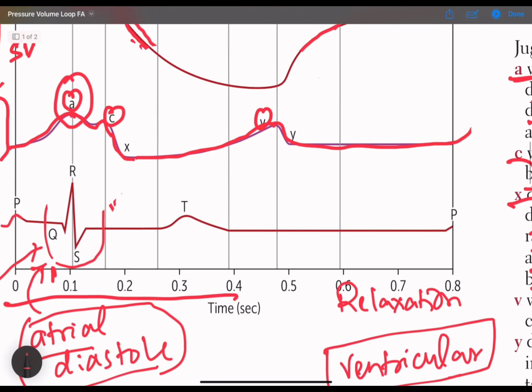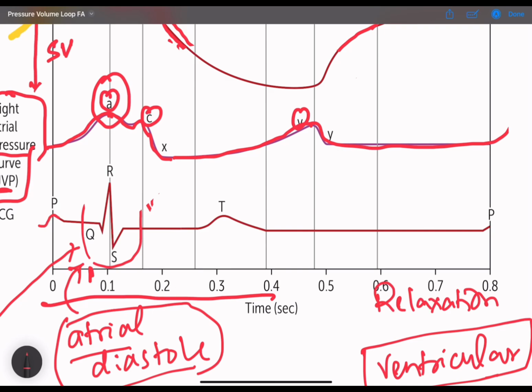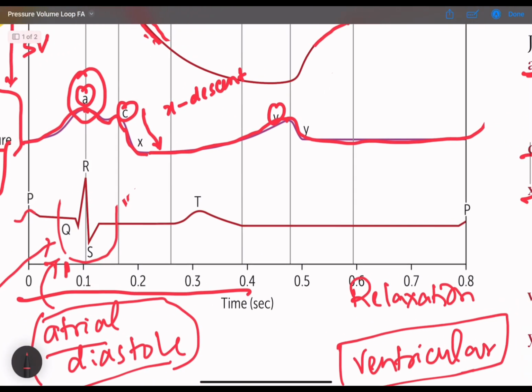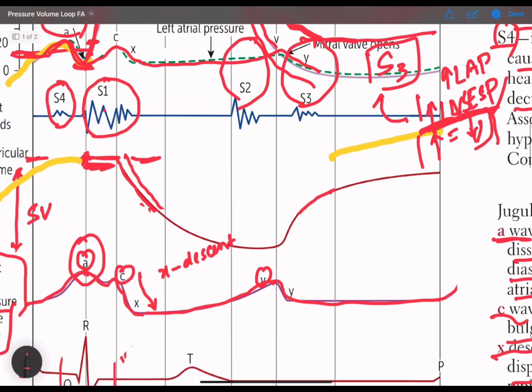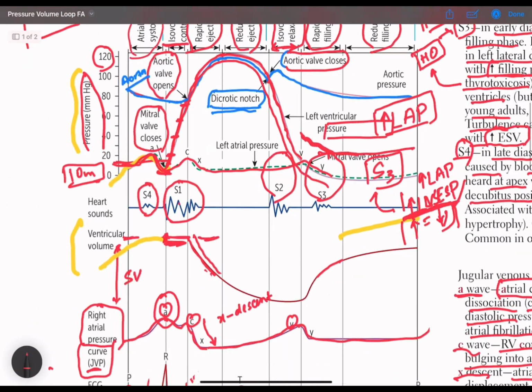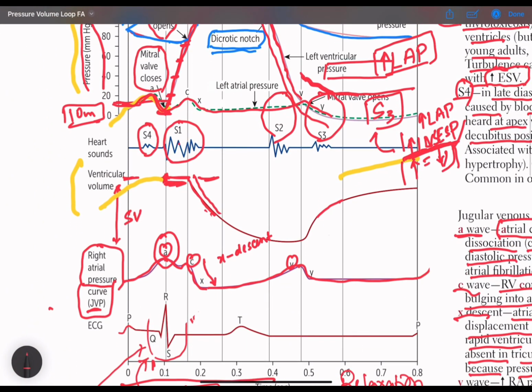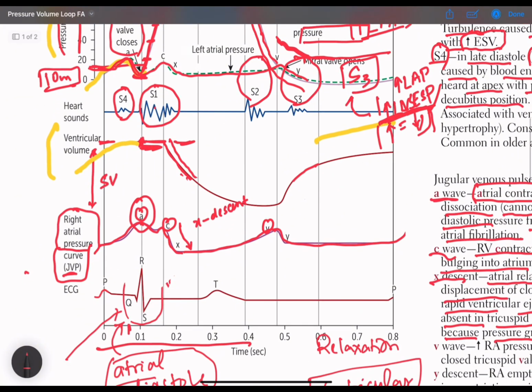So if you look at this, this decrease or downward slope, also known as X descent, is due to the decrease in pressure. So why does this decrease occur? Because the blood moves from right atrium into right ventricle, which leads to a decrease within the pressure. So any condition which leads to increased pressure within right atrium will minimize or decrease this X descent.